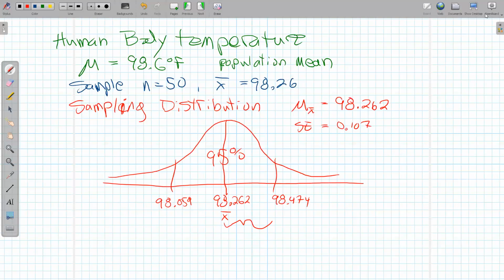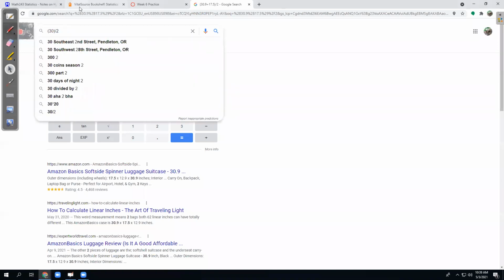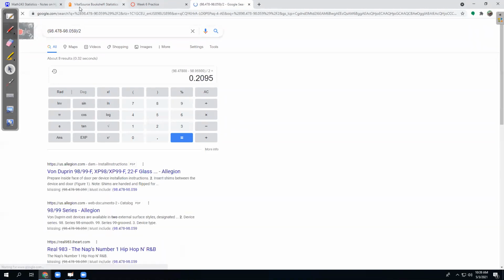So I'm going to put that on the calculator. 98.478 minus 98.059. If all of you went to StatKey and ran another simulation, you won't get the exact same numbers, but they should be pretty close to mine. Once in a while, something weird happens. I think I typed those right. 98.478 minus 98.059. So I'm getting a margin of error of about 0.2095.